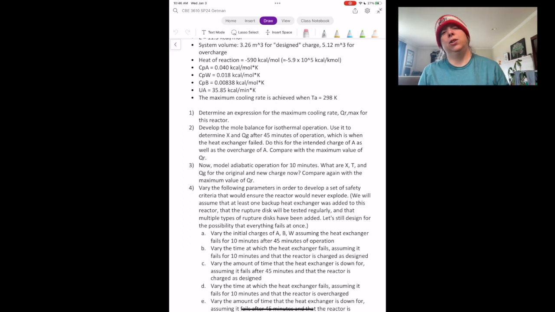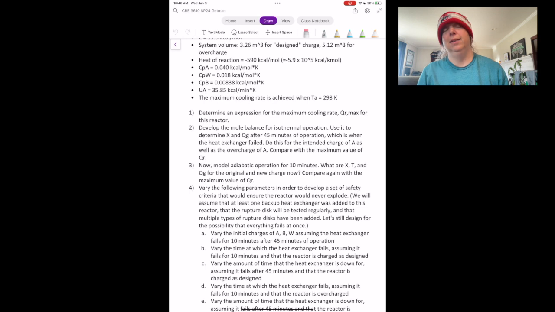What we want is for QG to be below the maximum value of QR. If the maximum value of QR is below that of QG, then runaway reaction is going to occur because we can apply the maximum cooling rate, but still not quench the heat being given off from the reaction.